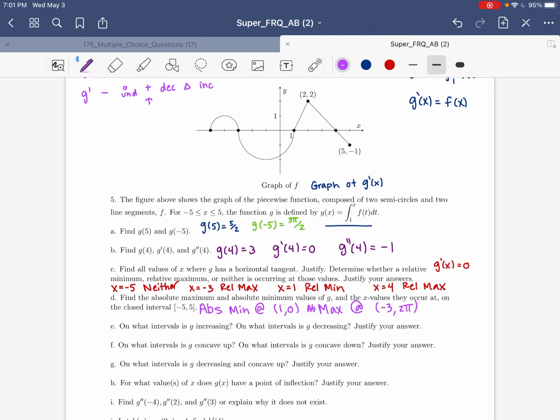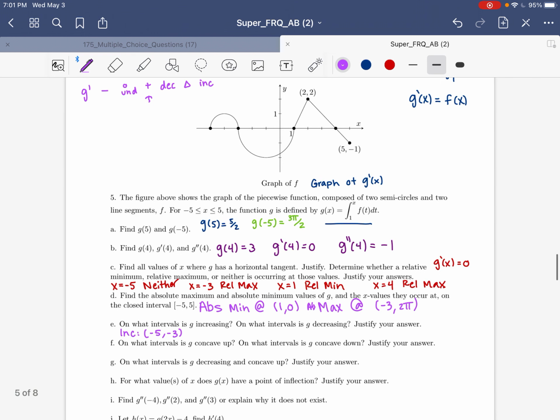So it's positive from negative 5 to negative 3. And then from 1 to 4, because that's everywhere where our y values are positive, since this is our graph of G prime.